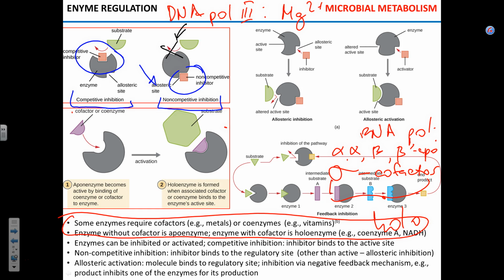But if the amount of substrate will overwhelmingly increase and be like 100 times more than inhibitor, then the inhibitor will have very little effect because it's about competition, right? In case of non-competitive inhibition, it's not that direct. You may have very little non-competitive inhibitor, and it does not depend on the amount of substrate that you have, the inhibition rates.